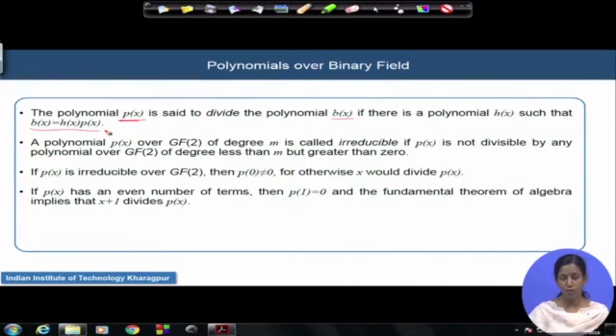So we understood the addition and multiplication of two polynomials over the field; this is the condition for division of two polynomials.